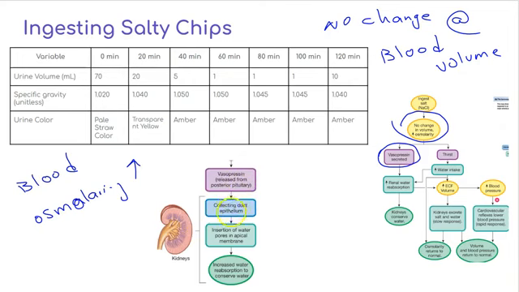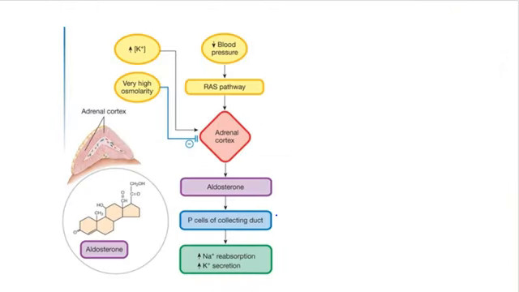It goes to the collecting duct, and then it's going to increase reabsorption of water in the nephron, back to the blood, and also it's going to increase the number of the aquaporins, the channels which help the reabsorbing of the water. So increase water reabsorption to conserve water by increasing the number of aquaporins in the collecting duct.